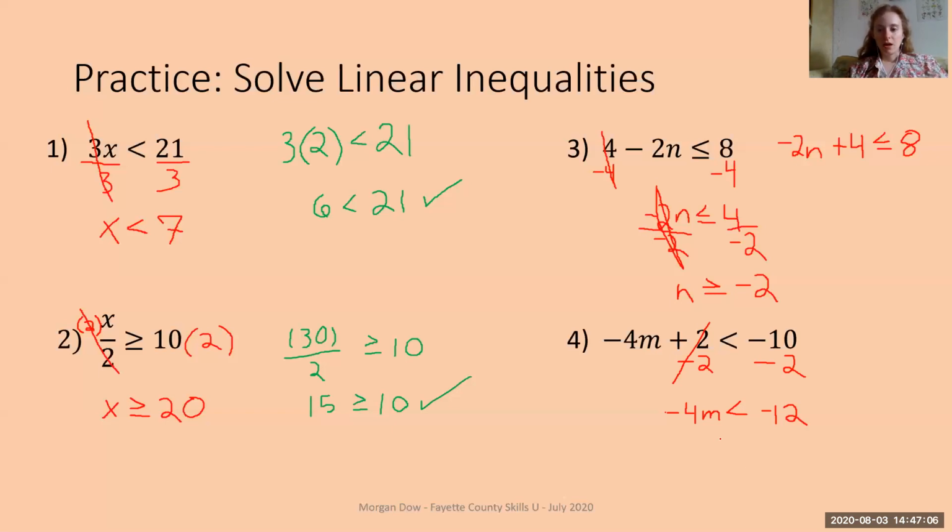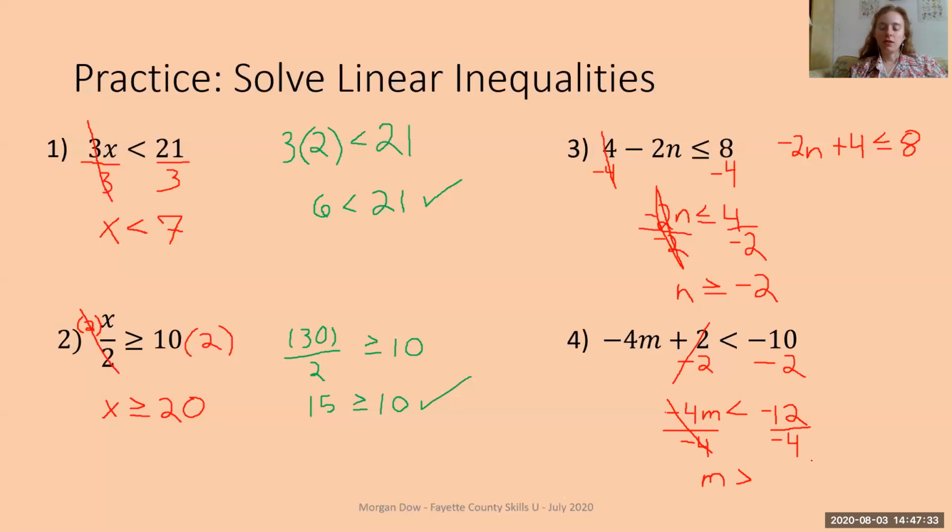Okay. Now, again, focusing on the side with the variable, I see I've got multiplication there. I'm going to cancel that out with division. And little alarm bells are going off in my head because I'm dividing by a negative number. That means in the next line, I'm going to make sure I flip my sign. So over here, what's remaining is m.